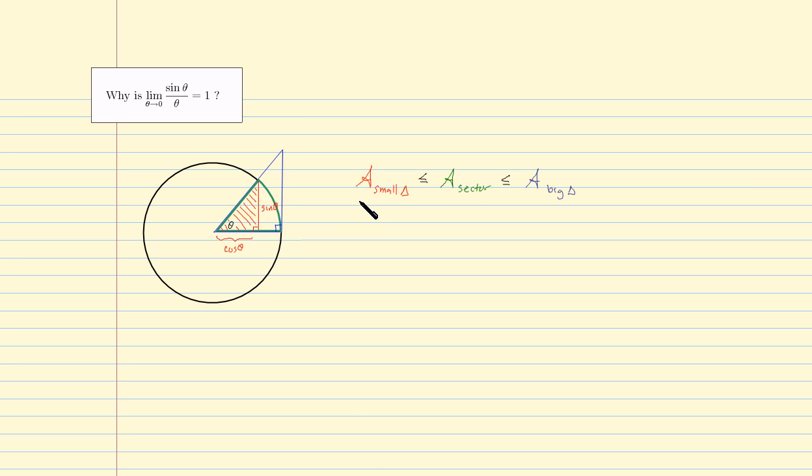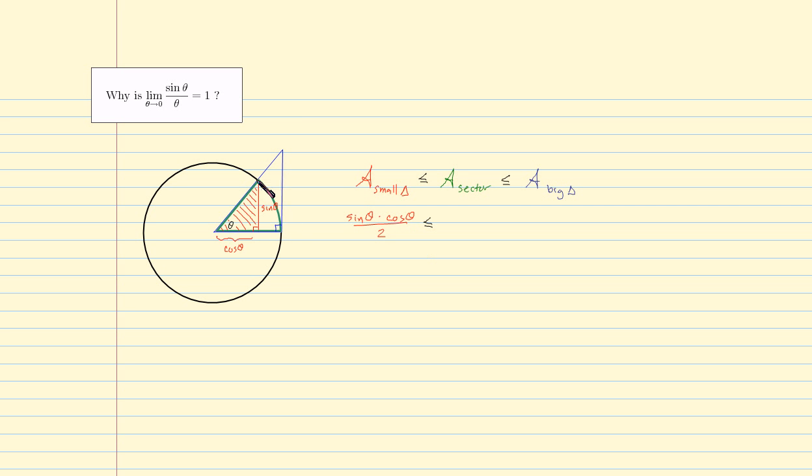So the area of the small triangle, base times height over 2, would then be sine of theta times cosine of theta over 2. That, of course, is less than or equal to the area of the sector of the circle.